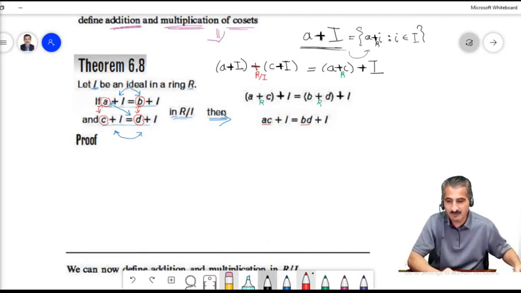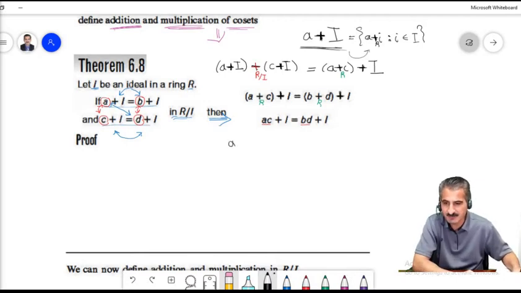I will repeat the same thing here for the multiplication. So we will say A plus I, if we multiply it with C plus I, then we multiply A times C, and then we take the resulting element and make a coset of it.